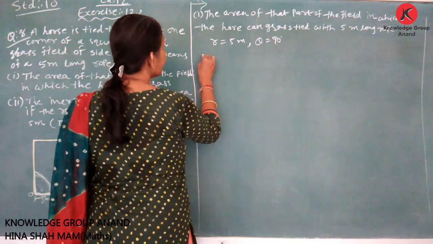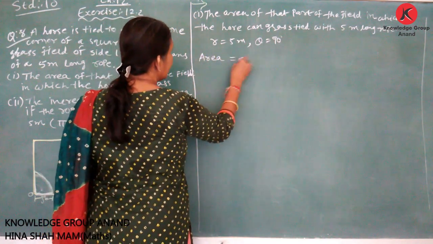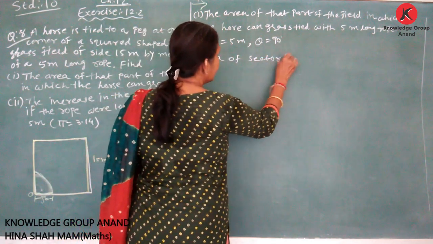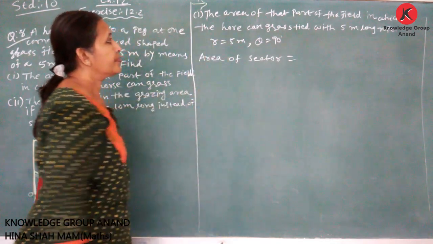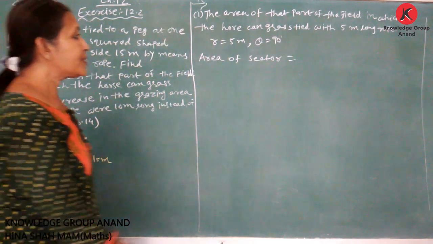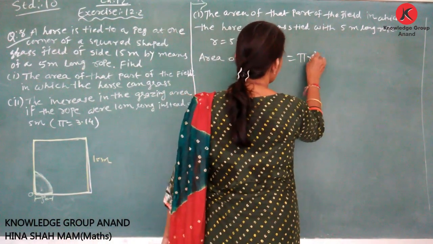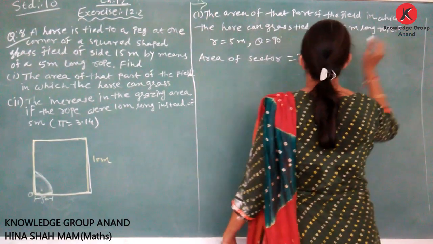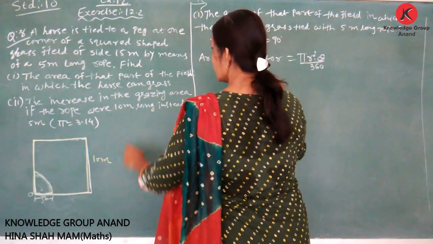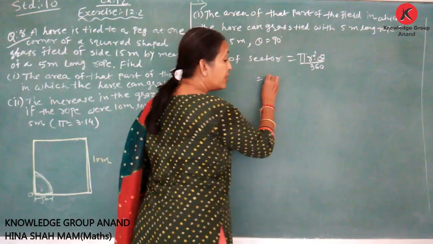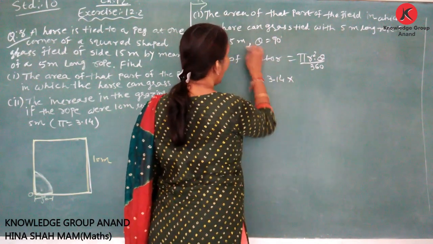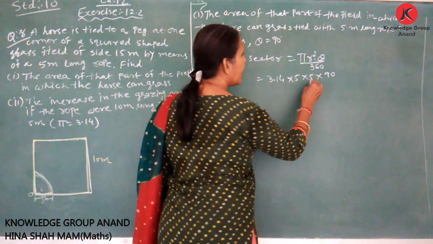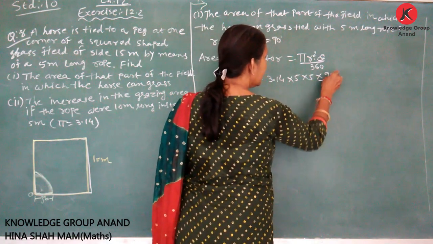We write area is equal to area of sector. What is the area of sector? Pi r square into theta upon 360. Pi is equal to 3.14, R is equal to 5 into 5, theta is equal to 90 upon 360.